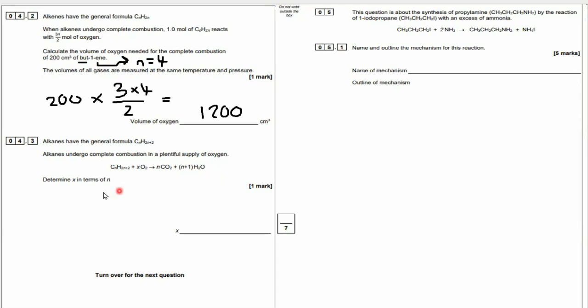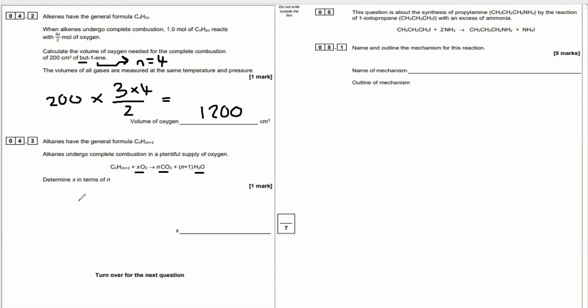Now, if we look at X, only the oxygen can be expressed in terms of X and N here, because the oxygen has X next to it, and then over here when it's in carbon dioxide and water, it's also got N next to it. So let's get rid of all the letters and write out those.